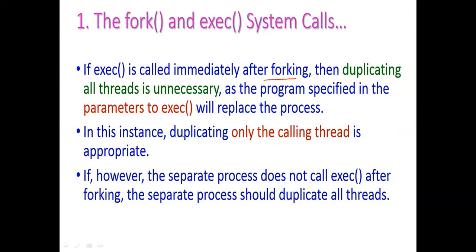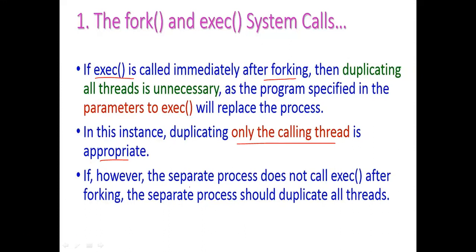So in this instance, duplicating only the calling thread is appropriate. So no need to duplicate all the threads. If the EXEC system call is executed, it will execute only the child process program code. So it is not necessary to duplicate all the threads.